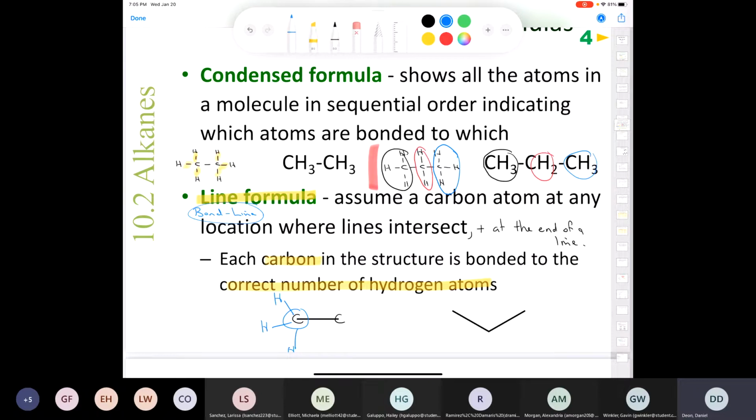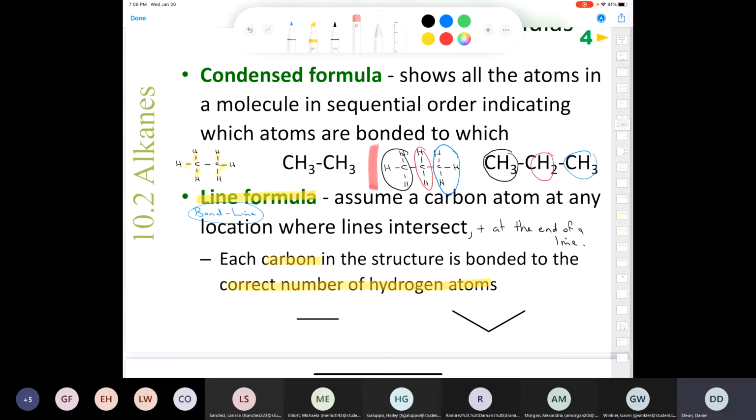The same thing applies to this carbon. It's only got that one bond, so it must have 3 bonds to hydrogen. Give me a thumbs up if you follow me on the bond line structure of ethane. Does anybody follow me? Good, great.